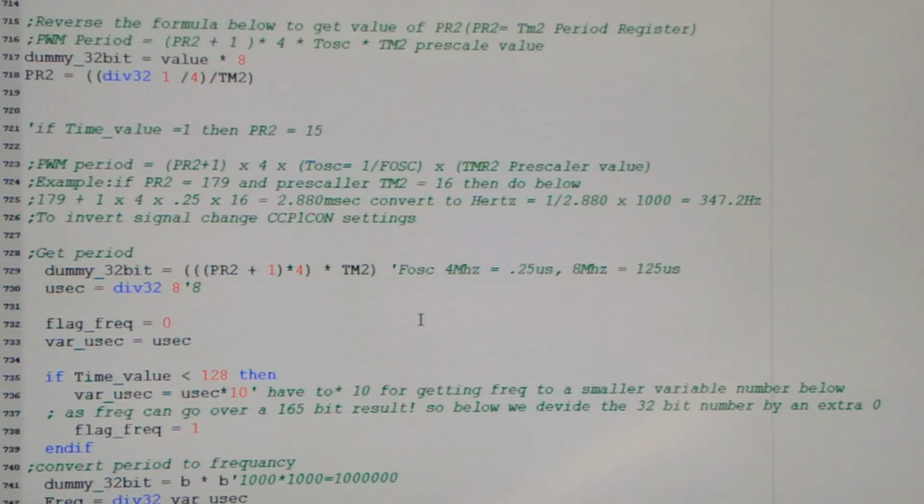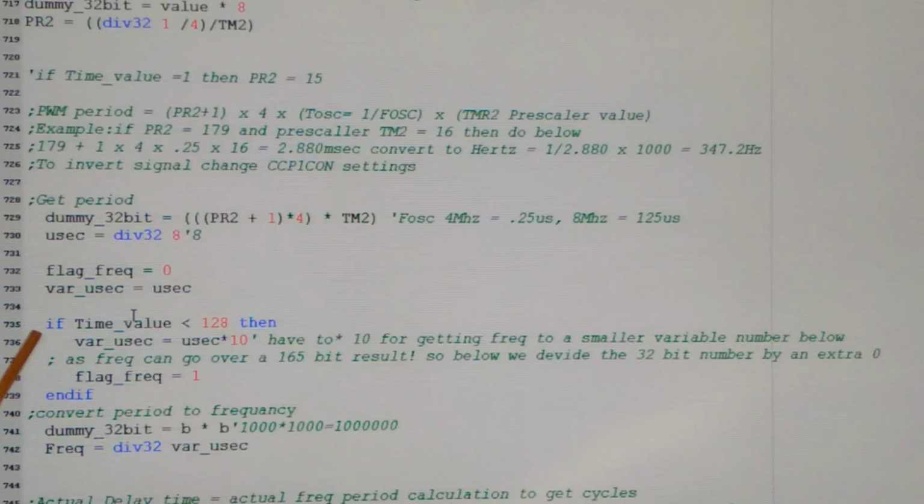I think this is based on the oscillator frequency. 0.25, yeah, that's 0.25, but I'm running it under rate, so it's 125. And for the 8 megahertz, that's what the period is. And that's how I've calculated it.